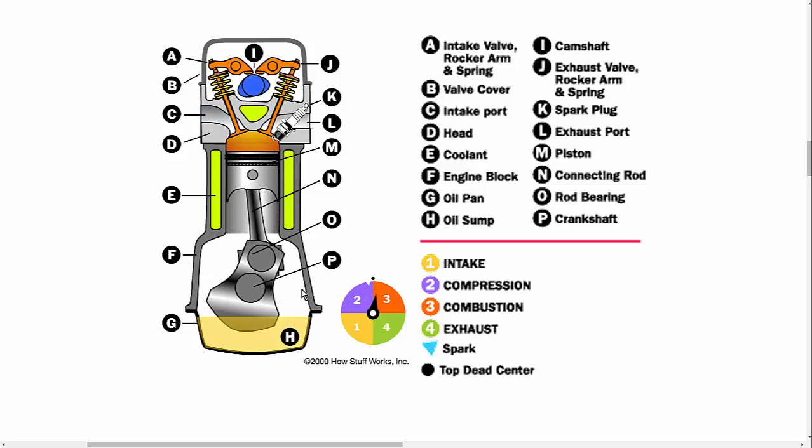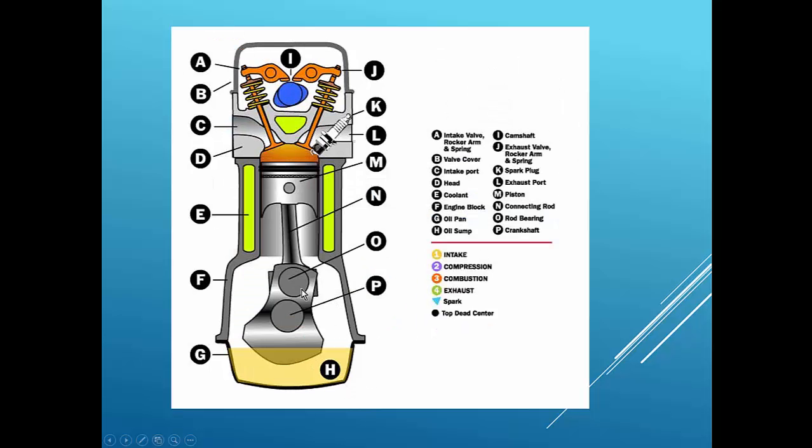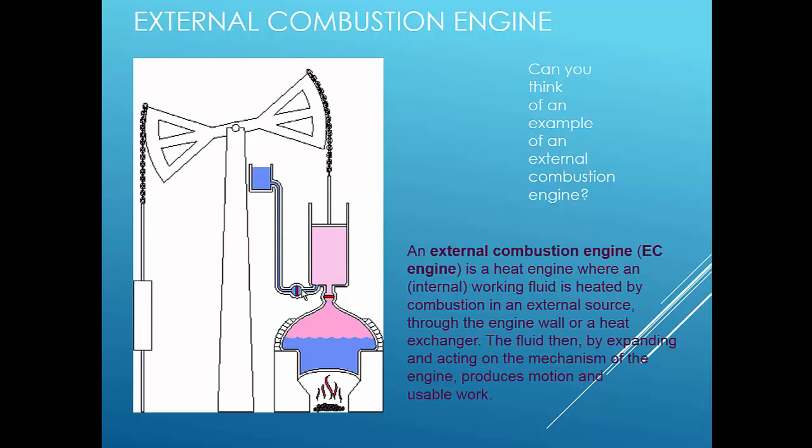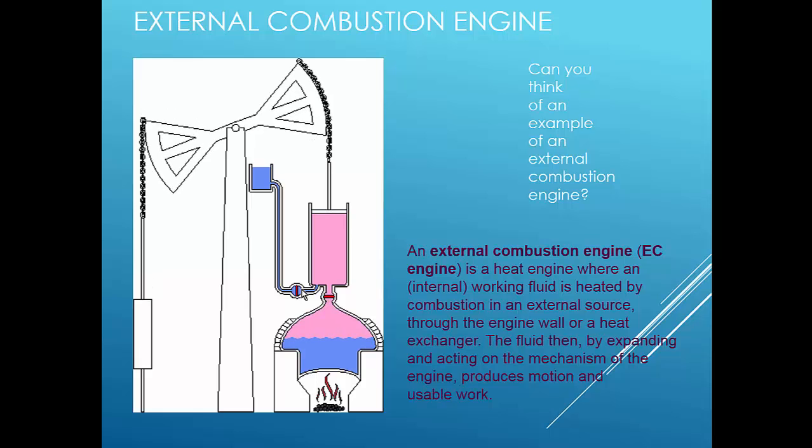But can you think of what an external combustion engine is? We talked about an internal combustion engine. What is an external combustion engine? Have you got an idea? Well, it's actually a steam engine.